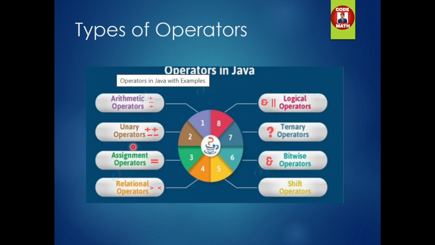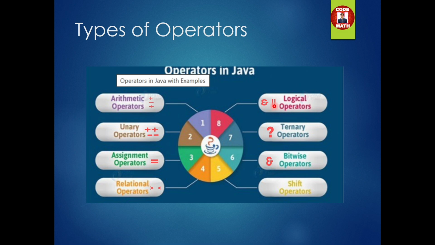Unary operator means we have only one operand, and an assignment operator we use for assigning value to any variable. Okay, and in relational operator we have the relational kind of operator like greater than, less than.